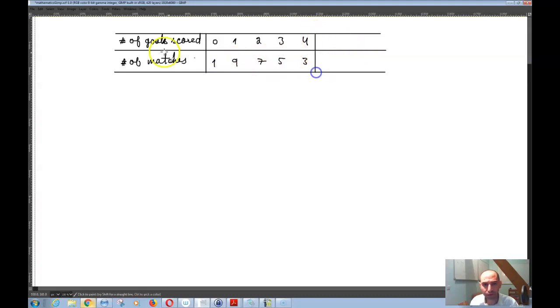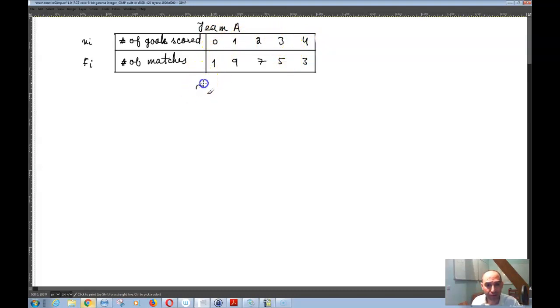So you can think of these as your x sub i's and these as your f of i's. So when you do so, you will get basically this was related to Team A. These were the goals scored, and these were the number of matches in which basically those number of goals were scored.